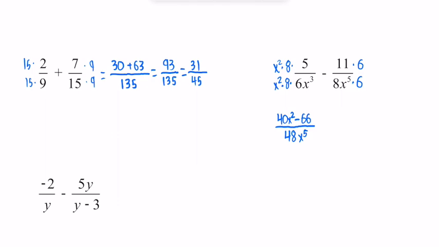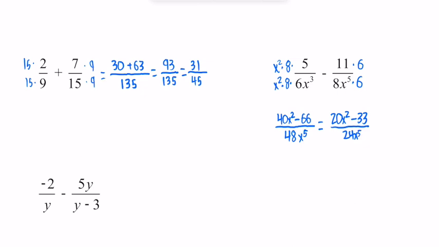Now when you have a fraction with 3 terms like this, to reduce it, you want to find something that all 3 terms are divisible by. In this case, all 3 terms are divisible by 2.